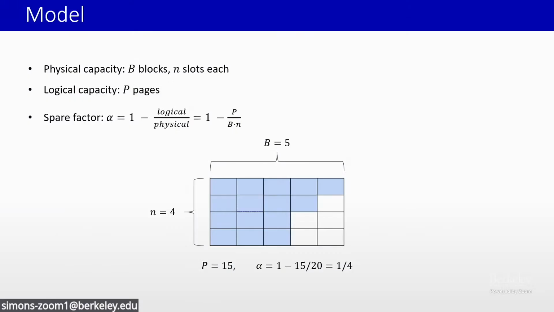I'm assuming that we have B blocks, and each block contains n slots, and the logical capacity is P. The number of pages that I'm going to see throughout is P. And the spare factor that we have in the SSD is 1 minus the logical pages over the number of physical slots, which is b times n. We call this spare factor alpha, and that will play a role in the algorithm.